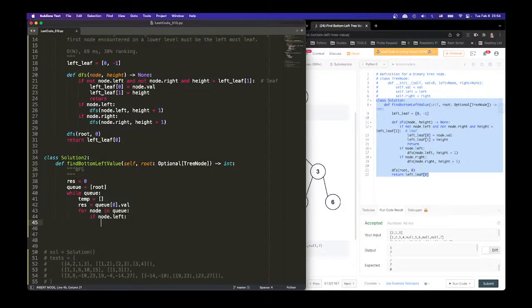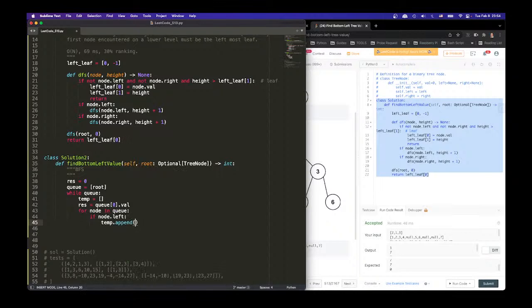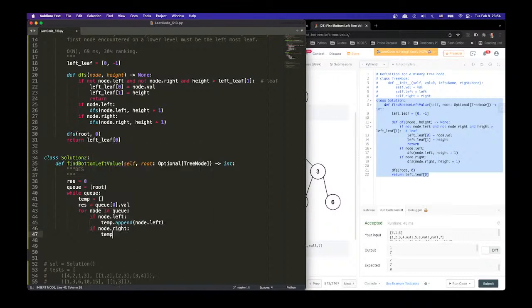If node.left, temp.append node.left, and then if node.right, temp.append node.right. And Q equals temp, and return res.